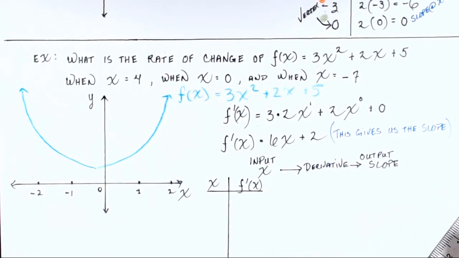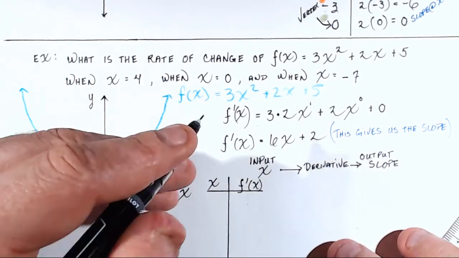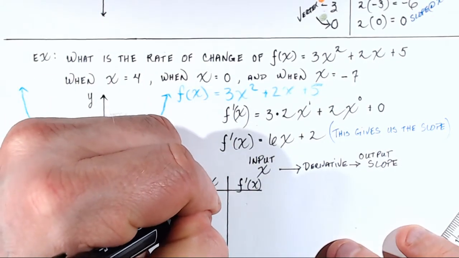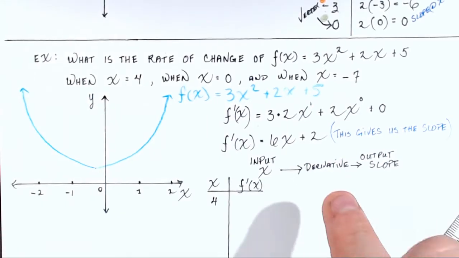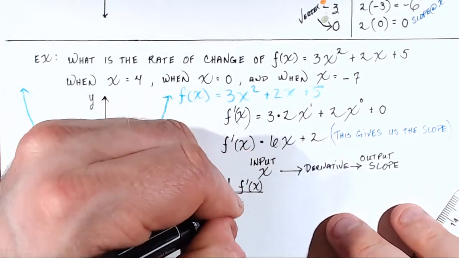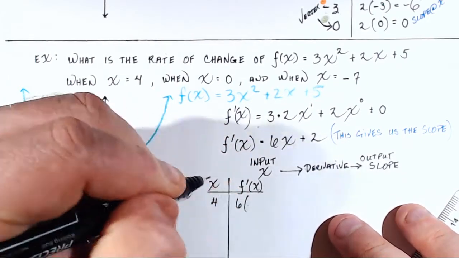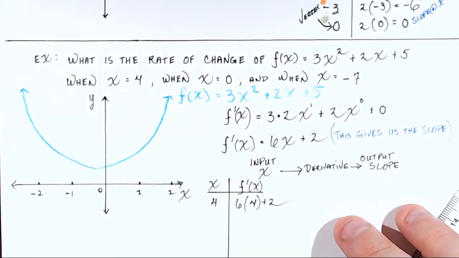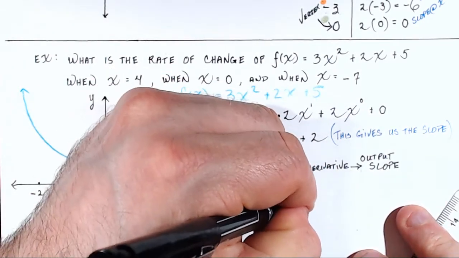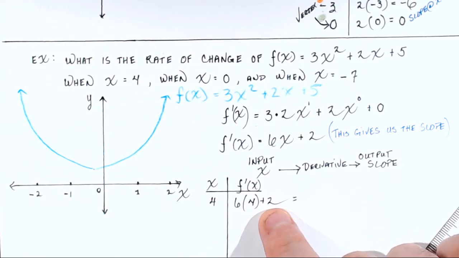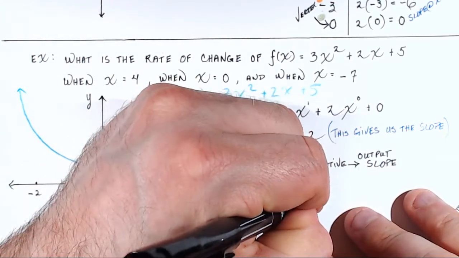But the terminology gets confusing, so you just put in the numbers and see what you get. You put in a 4, and now you're going to plug the 4 into this right here. So you got 6 times 4 plus 2. And what does that equal? 6 times 4 is 24, plus 2 is 26.